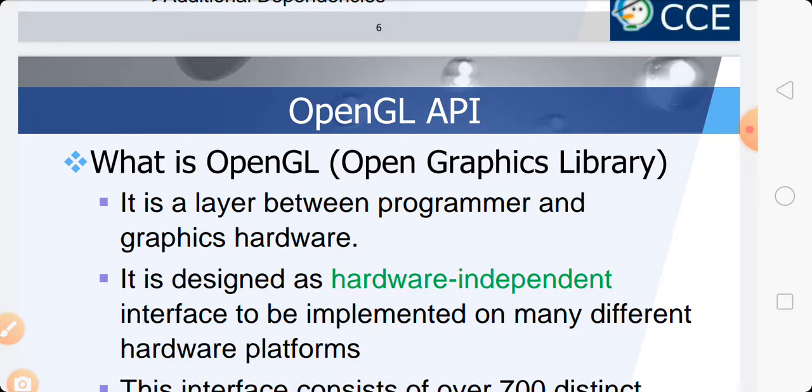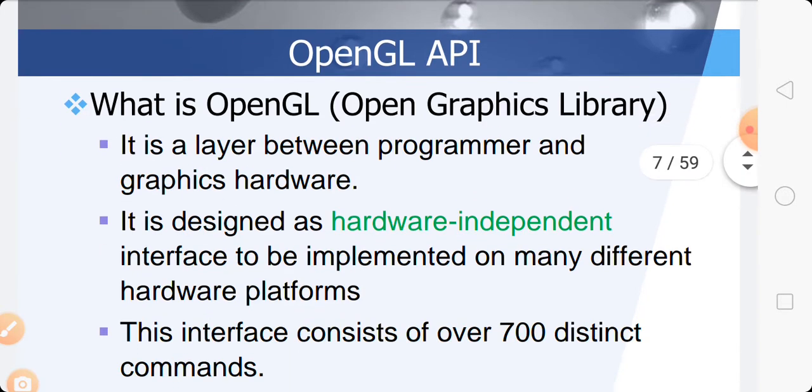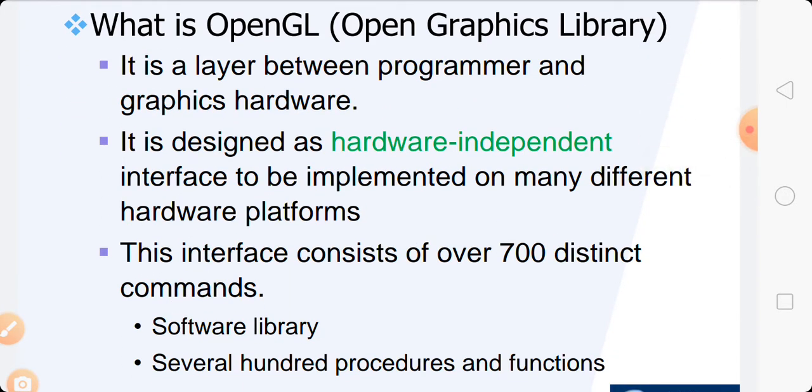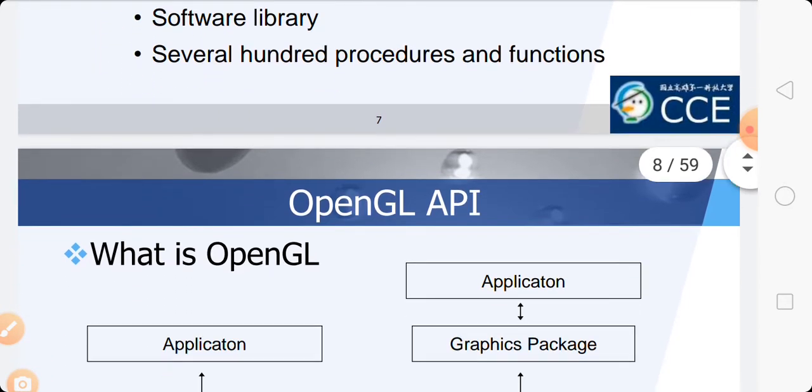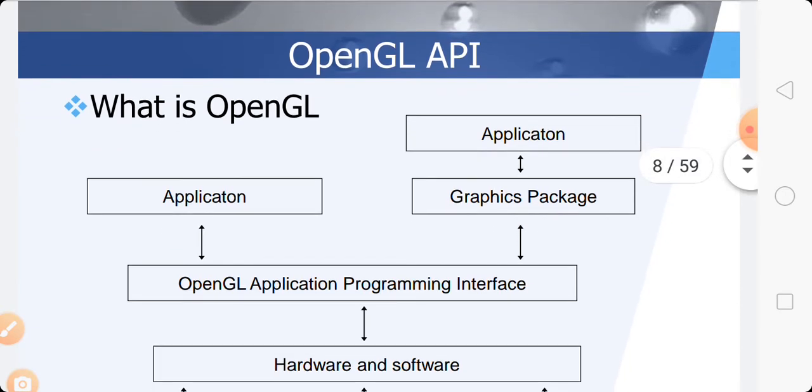This interface consists of over 700 distinct commands. In the software library, several hundred procedures and functions are available. This is the figure which indicates the function of OpenGL. How it works, we have to understand from this figure.